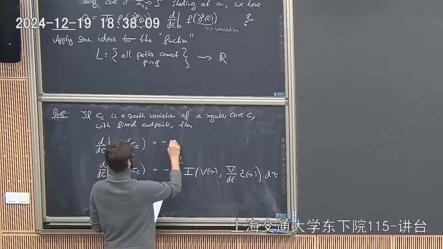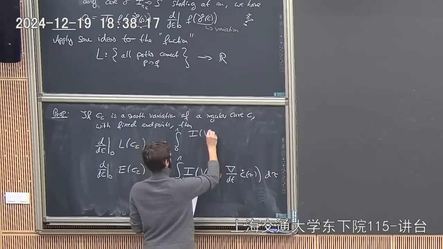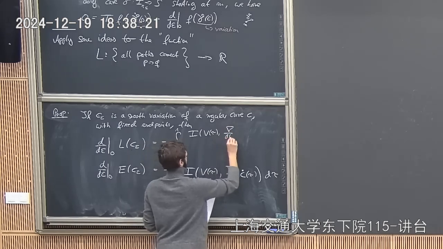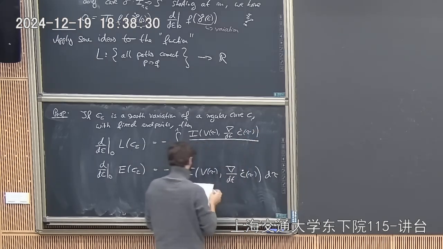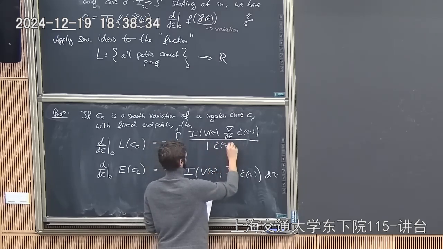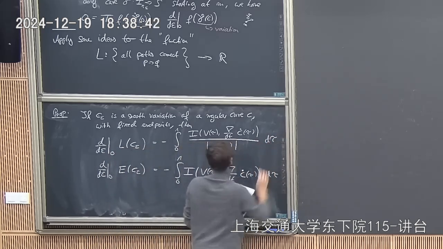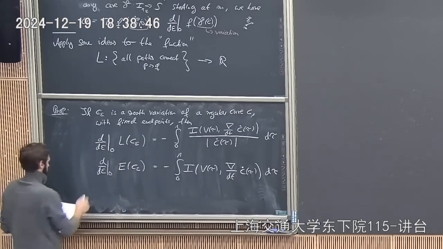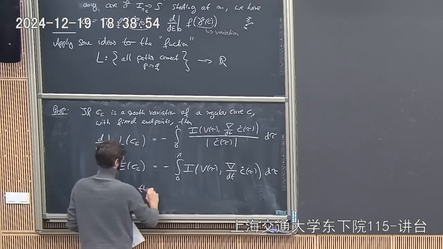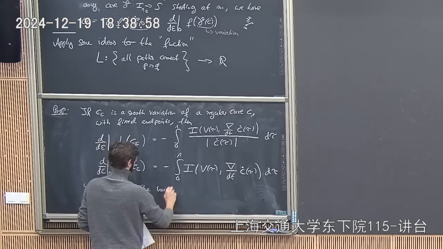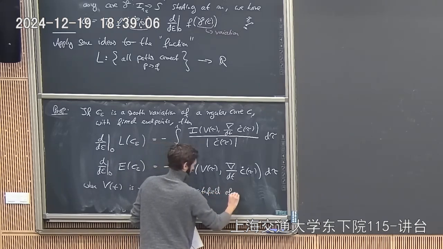And the formula for the length functional is slightly more complicated. Namely, we get something similar to what we have here, V of tau paired with the covariant derivative of the tangent vector field, and then we have to take the quotient by the norm of the tangent vector field and then integrate over tau, where this V of t is the variation vector field of C epsilon.